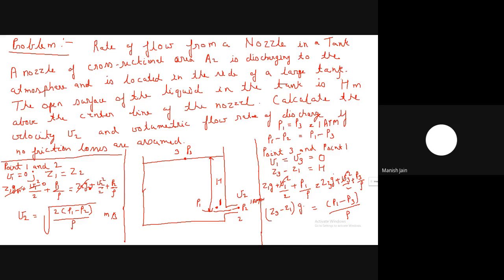Now P1 minus P3 equals P1 minus P2, so this will be equal to P1 minus P2. Suppose this is equation number 1, this is equation number 2.